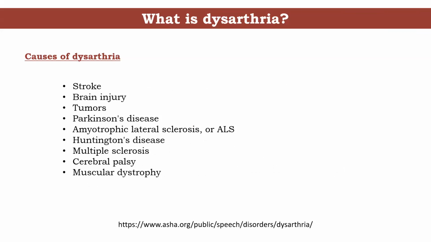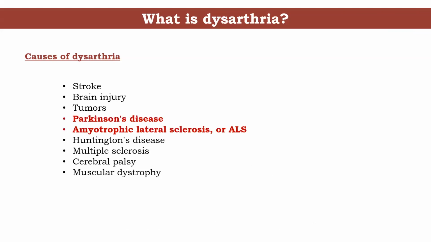Each of them has its own intrinsic way of damaging the vocal system. I'm not going to talk about all of them because that's too much. In fact, we are not working with all of them. In particular, we are working with two of those. One is Parkinson's disease, which I'm sure many of you have heard of, and the other is called amyotrophic lateral sclerosis, ALS. Probably you haven't heard that much, but this is an even more devastating disease.